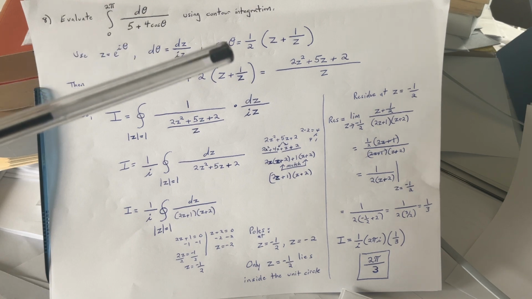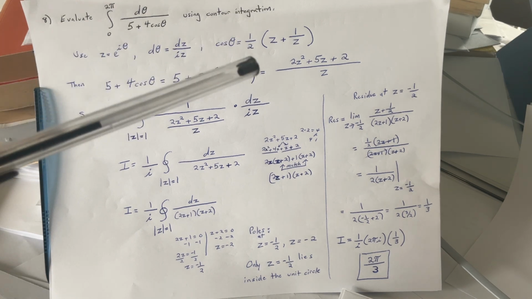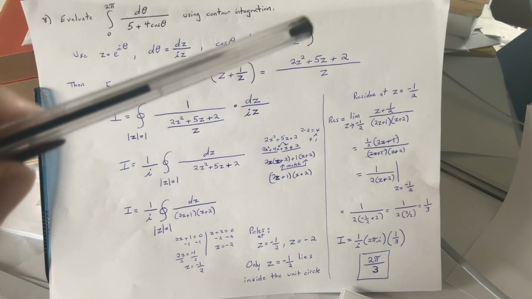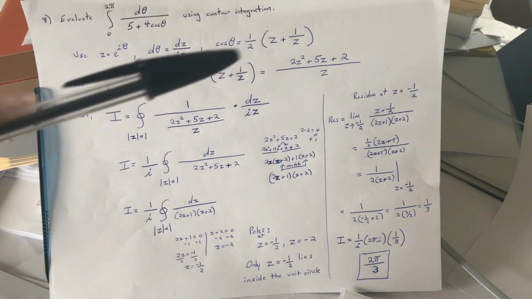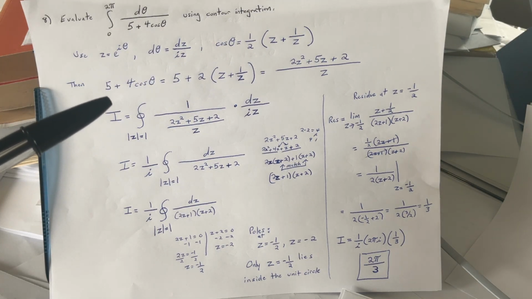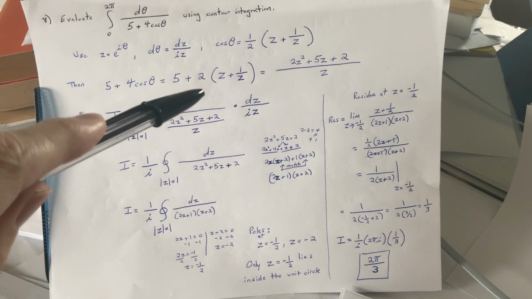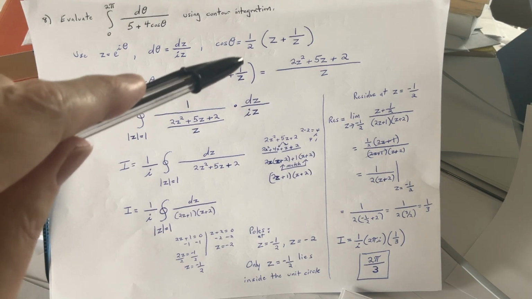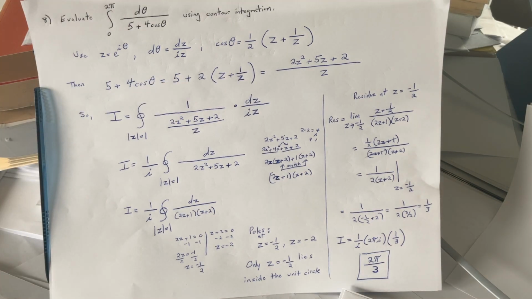In addition to that, cosine of theta equals 1/2 times the quantity z plus 1 over z. So this is what you want to do first, is know what you have here, here, and here. Then this 5 plus 4 cosine theta becomes 5 plus 2 times the quantity z plus 1 over z. Simplifying that as one fraction, you get 2z squared plus 5z plus 2 over z.